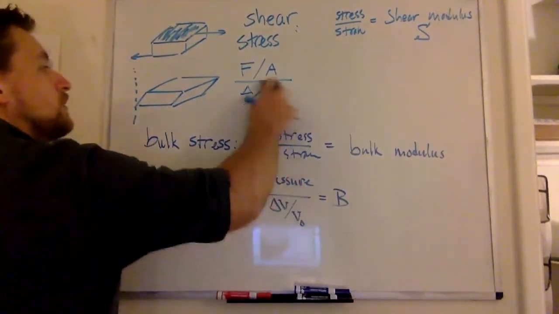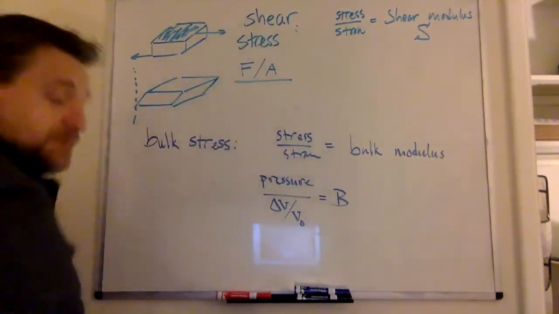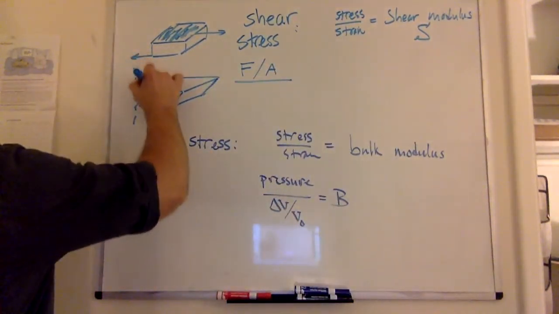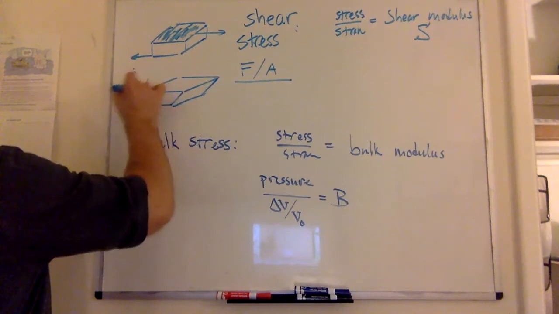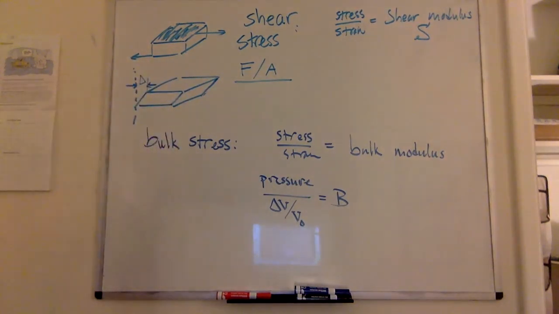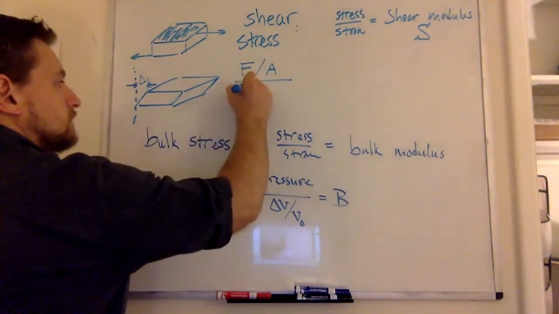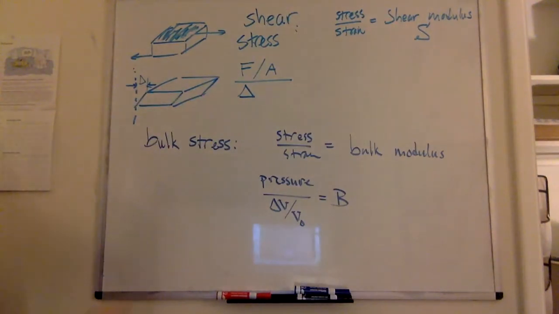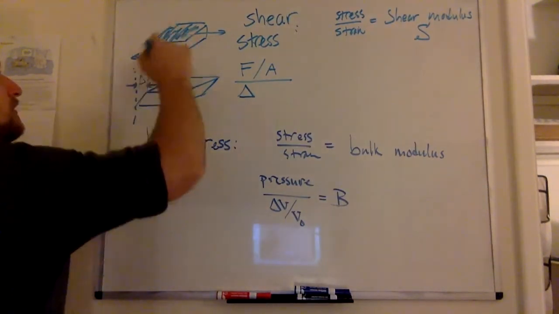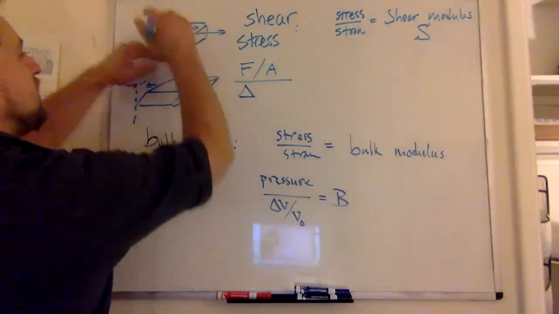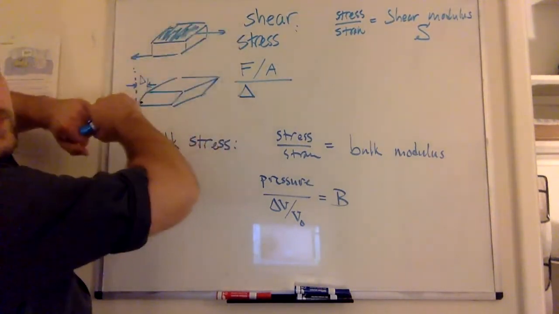So for shear stress, we have to modify our definition of strain just a little bit. We create a lateral motion. I'm going to call it delta. The textbook calls it just X, I think, but I'm going to call it delta. And we're going to compare that to the original thickness of this material, sort of the distance between the faces on which the shearing force is applied.